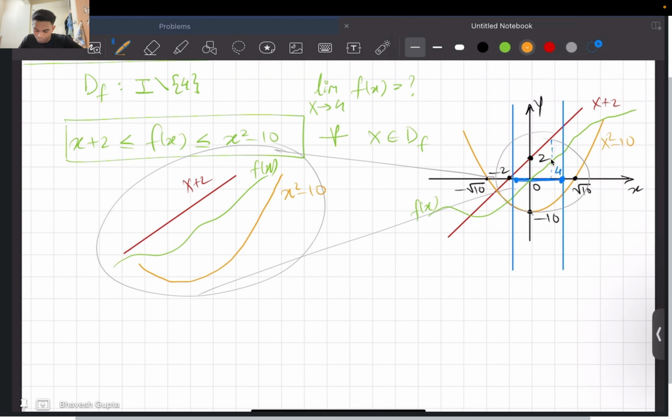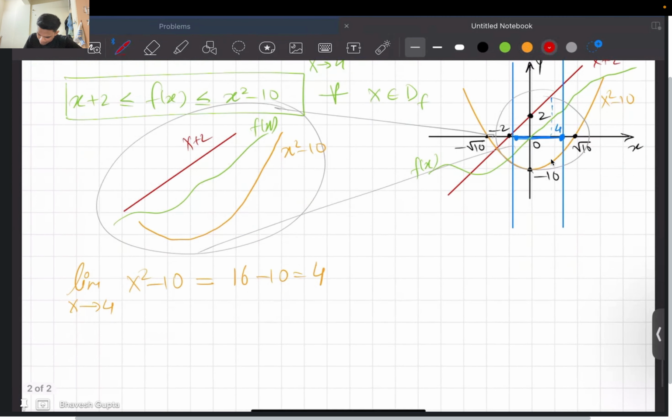But the beautiful thing is that if my orange curve, for example this, if I calculate the limit as x tends to 4 of x square minus 10, which turns out to be 16 minus 10, 6.